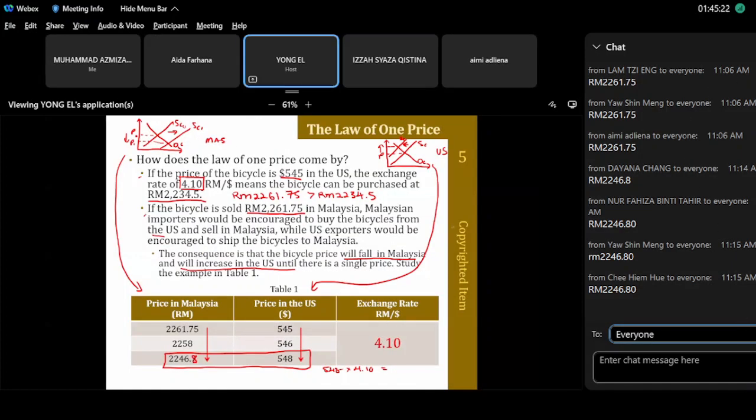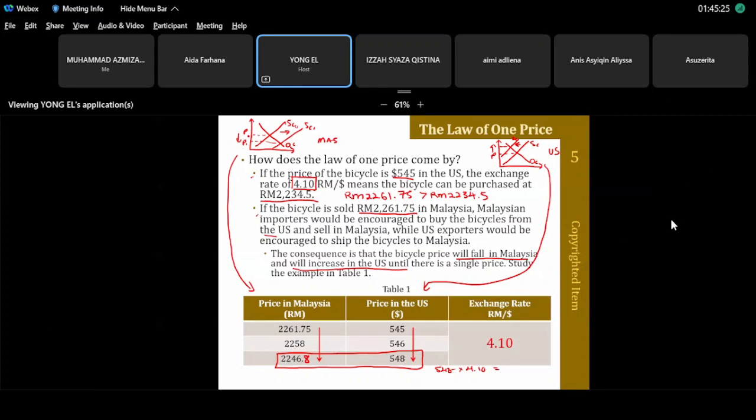Okay. And at this rate, don't worry about the exchange rate. We are assuming this 4.10 as the exchange rate here, meaning that at this exchange rate, the decrease in the price in Malaysia, and the increase in the price in the US will continue until they reach a level where the conversion is similar at this exchange rate, which is 2246.8.